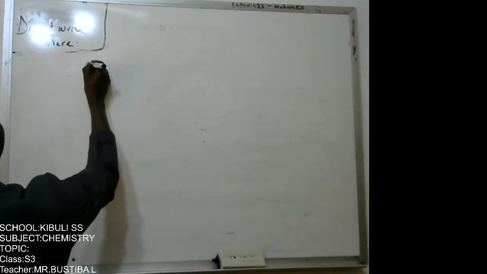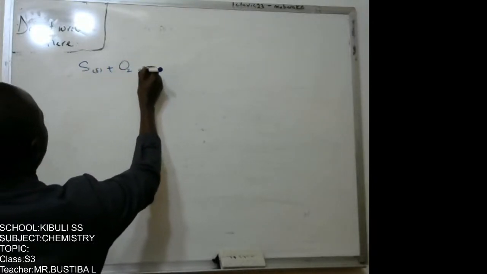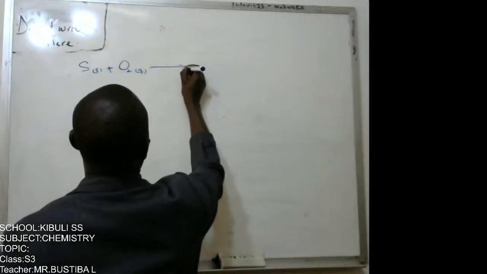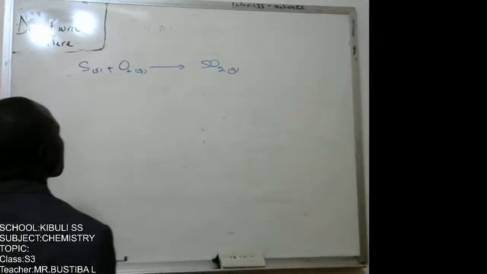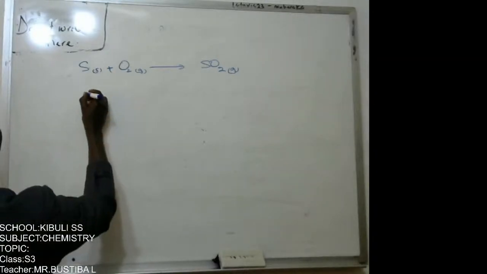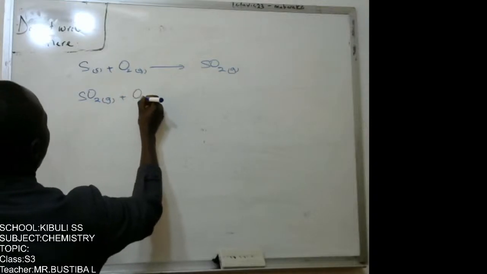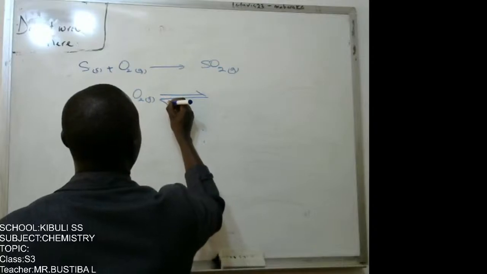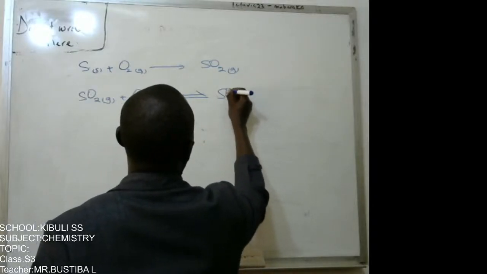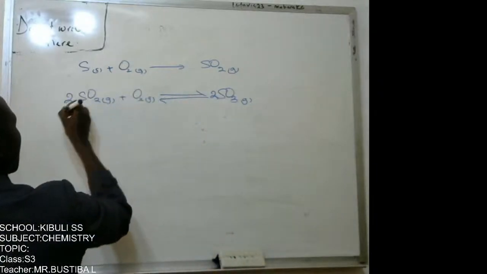What do we do? Sulfur, solid, plus oxygen, gas. What do we obtain? Sulfur dioxide. This is gas. Number 2, sulfur dioxide gas plus oxygen gas, reversibly with all those conditions, sulfur trioxide, a gas. And remember, we balance the equation like that.